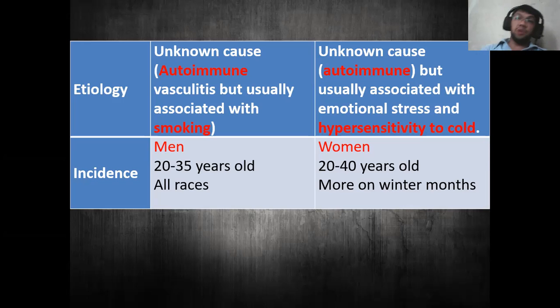So take note, Buerger's disease commonly occurs in men, Raynaud's disease commonly occurs in women. And since there is hypersensitivity to cold in Raynaud's disease, it commonly occurs in winter months, but we don't have winter here in the Philippines. They usually occur in the northern or southern hemisphere, not near the tropics.